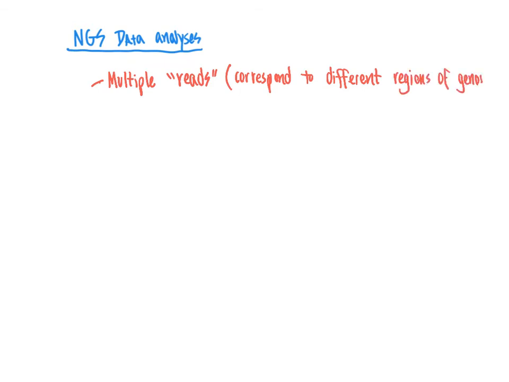And so if we were looking at short reads here, these reads would correspond to somewhere between 35 and 700 nucleotides. If we're looking at those longer read NGS methods, they would correspond to nucleotide sequences of 700 nucleotides or more. Once we have those reads, those by themselves are not generally particularly useful, but instead they need to be assembled.